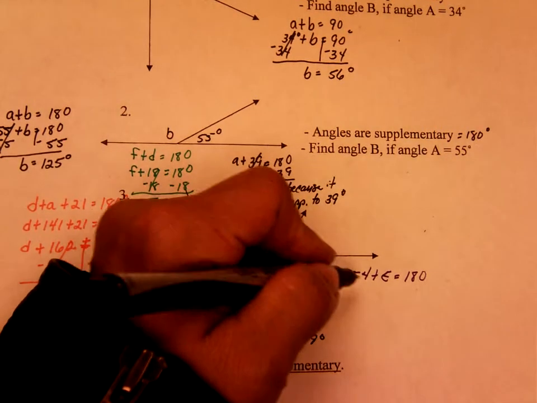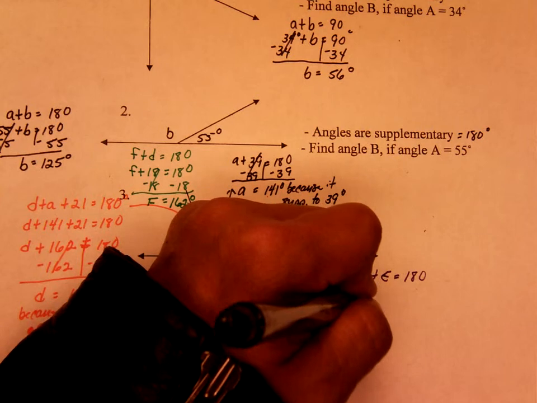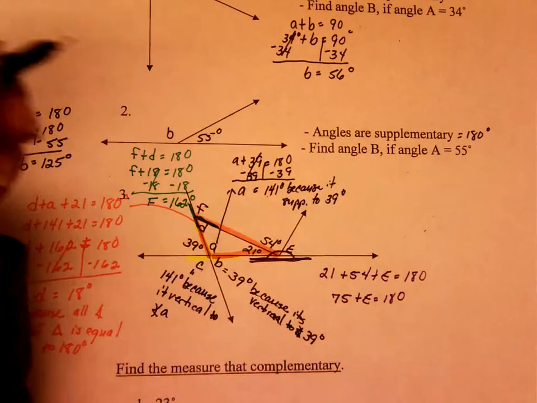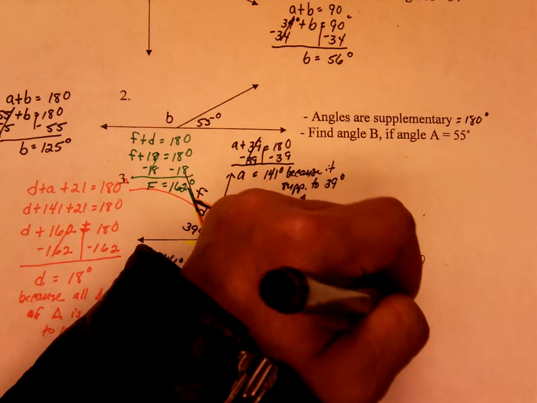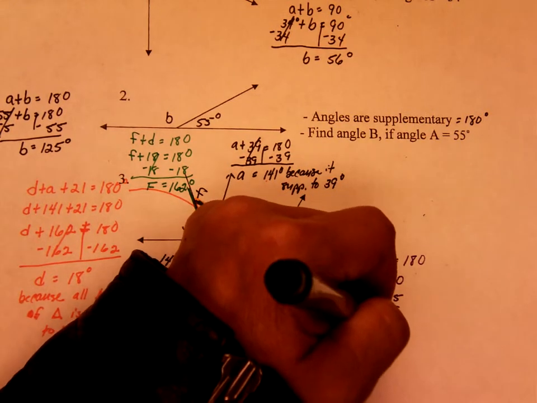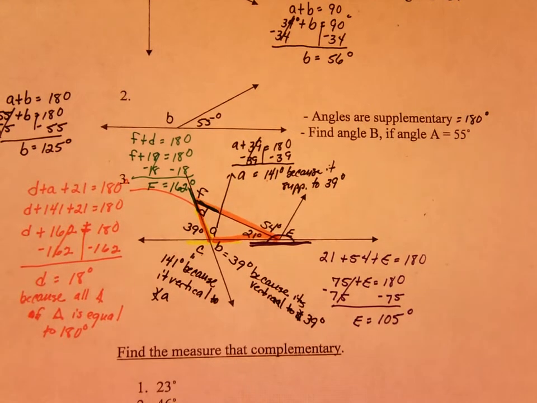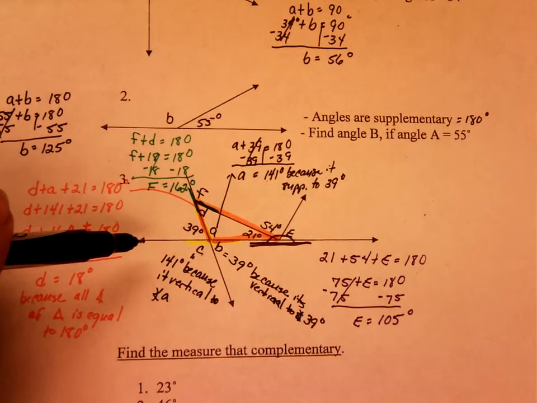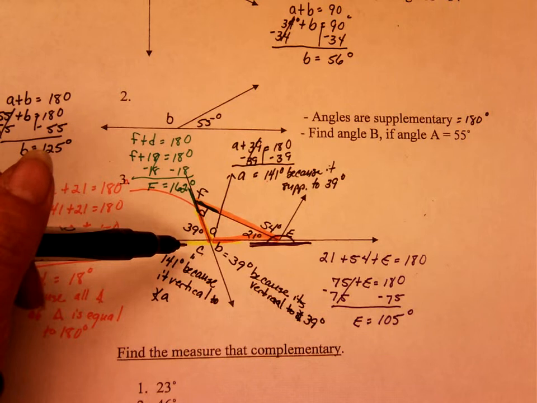Add 21 plus 54 and you get 75 plus E is equal to 180. Subtract 75 on both sides and you get E is equal to 105 degrees. Now I understand that this part looks really confusing, but if you take each one of these, you should be able to figure it out.